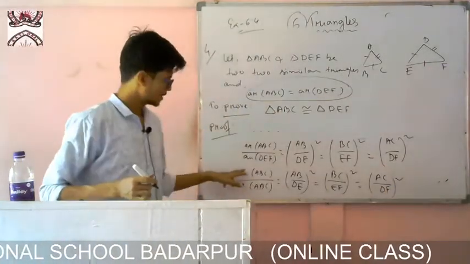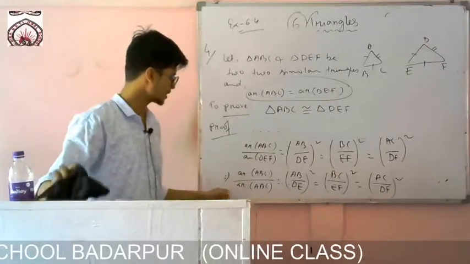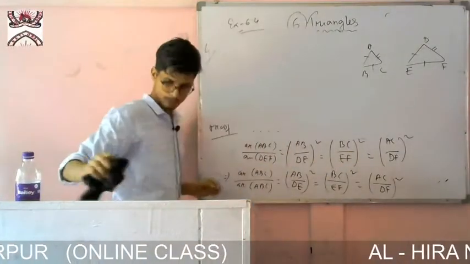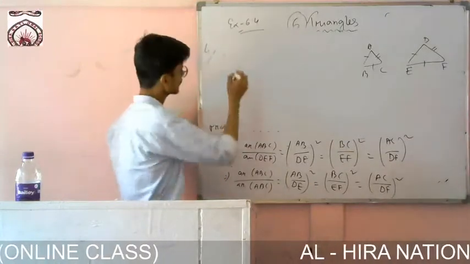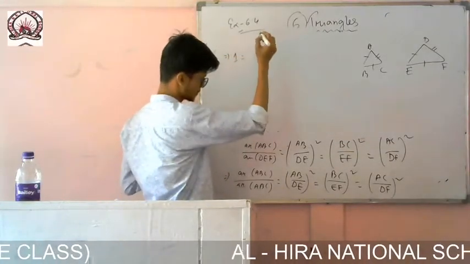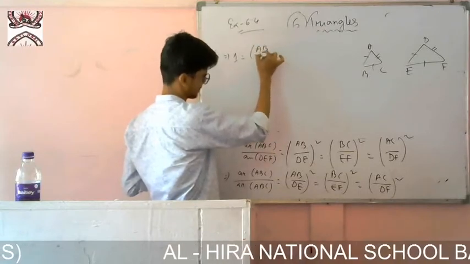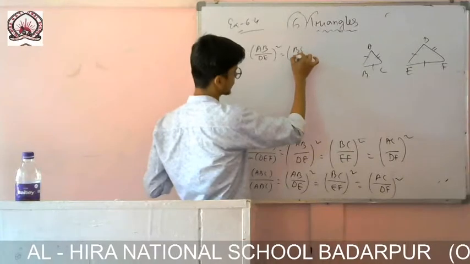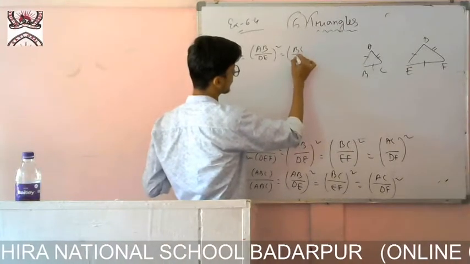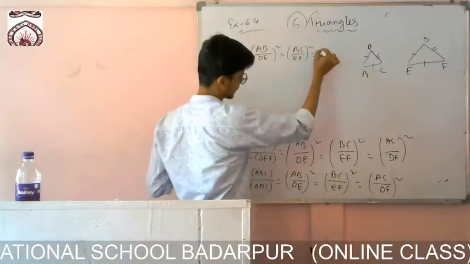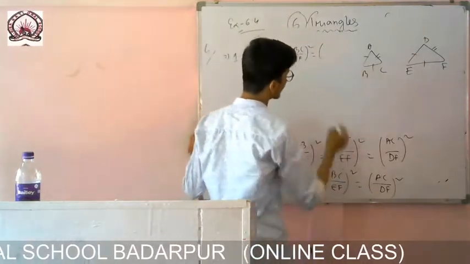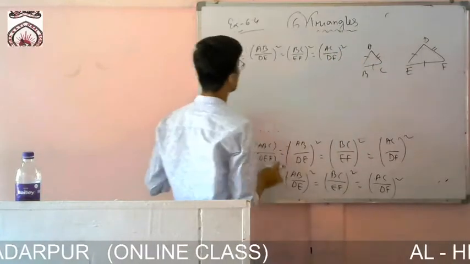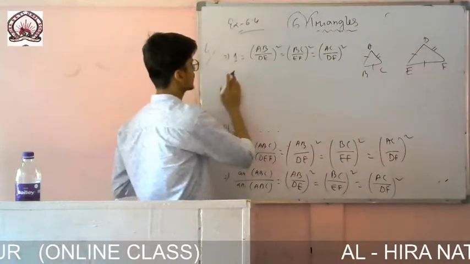These two are the same, so if I cancel, 1 will come. So 1 equals (AB by DE) whole square, (BC by EF) whole square, (AC by DF) whole square. The square I can remove, since the whole thing has a square.